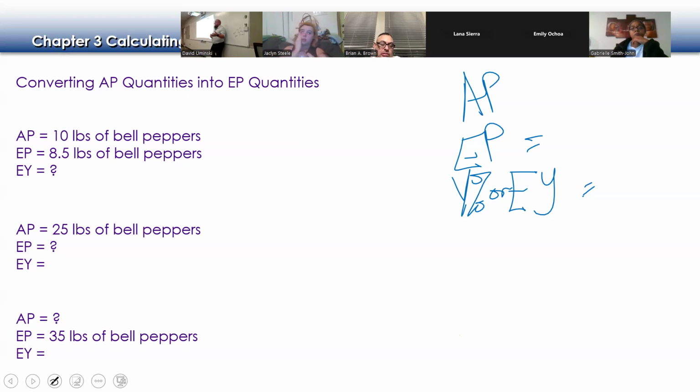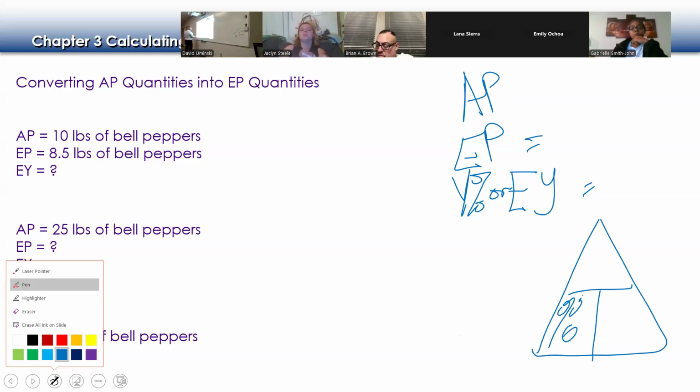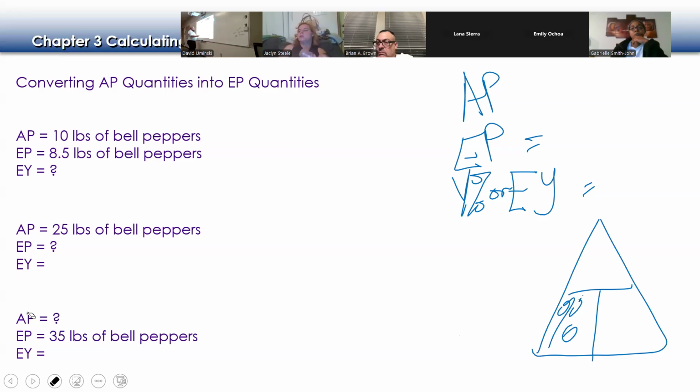And guess what? We're going to use a triangle. Edible yield percentage is on the bottom, just like in our other triangle.